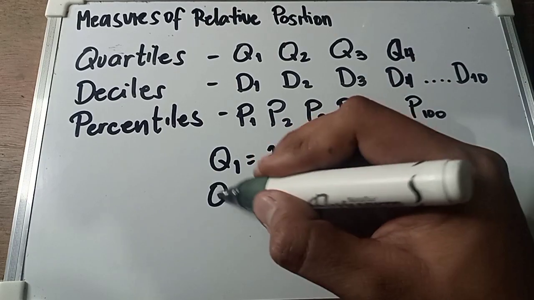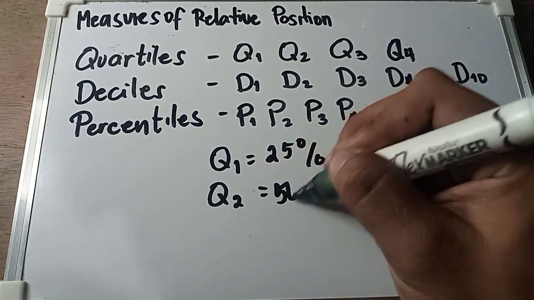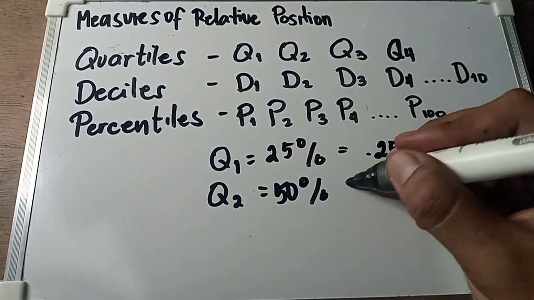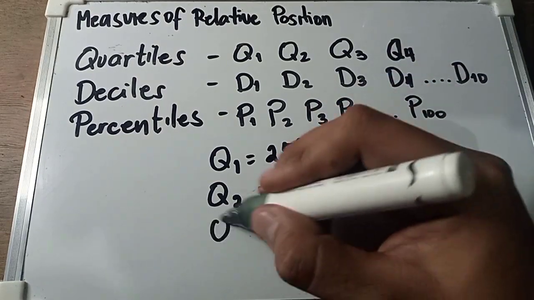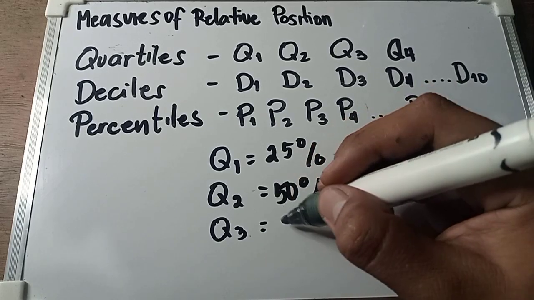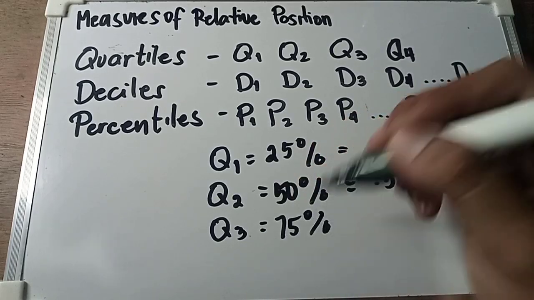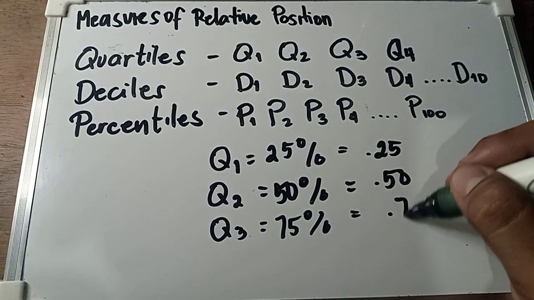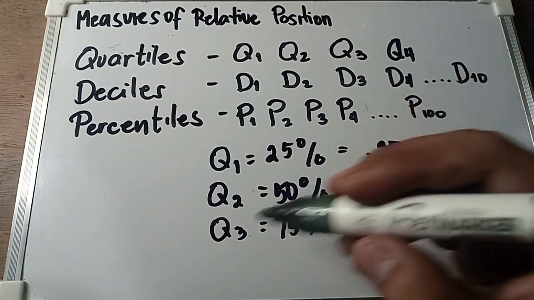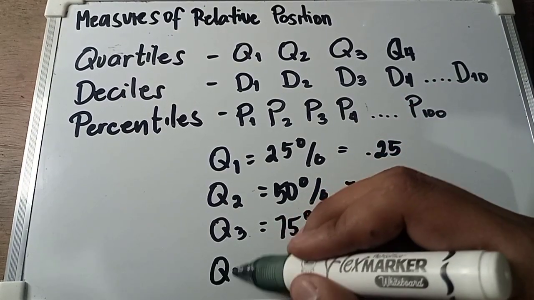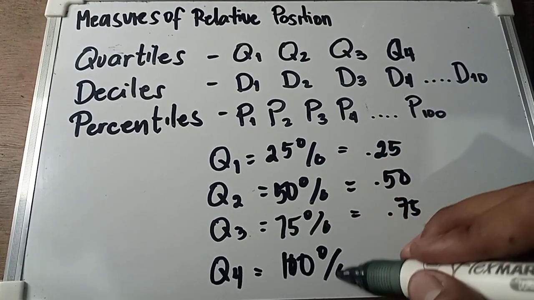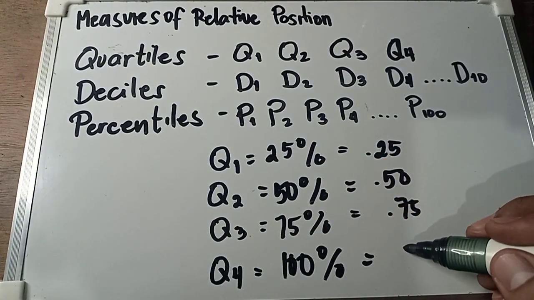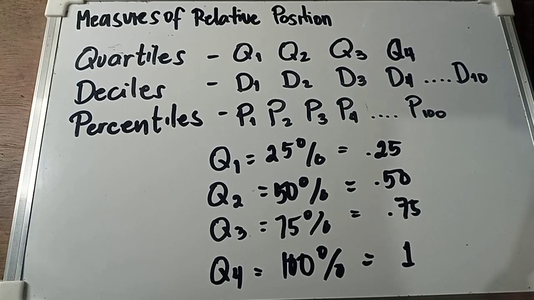Q2 ay 50%, or in decimal ay 0.50. Q3 is 75%. So, in decimal, 0.75. And Q4 is 100%, or equal to 1. So, yun po ang quartile.